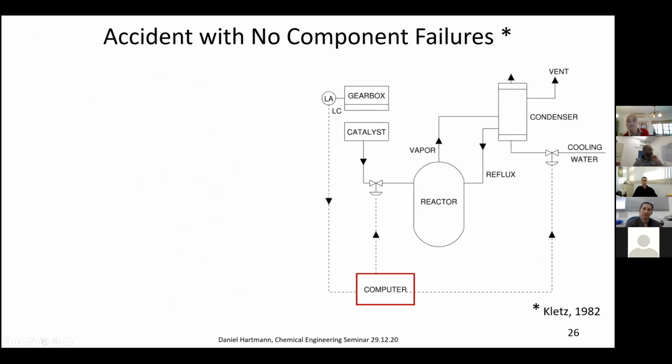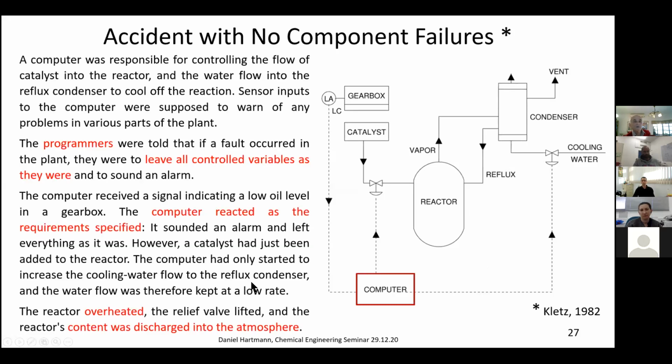But actually already in 82, Kletz, that I hope you know about him, he's one of the pioneers in safety of process industry and so on. He was a Jewish person. He came a few times to Israel, I know about it, but he died. He was very old. And he, in one of his papers, described an accident, yes, again, this reactor had a kind of exothermic process in it.